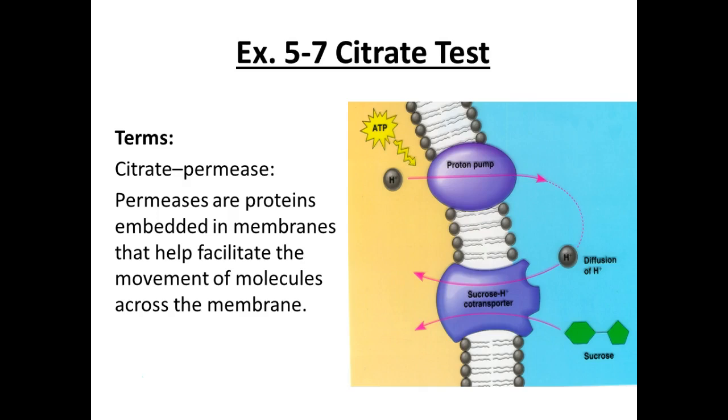So in the case of citrate permease, it moves citrate from outside the cell to inside the cell. I couldn't find a citrate permease picture, so I've got a sucrose transporter here. Same principle though. It is going to help transport that sugar into the cell.